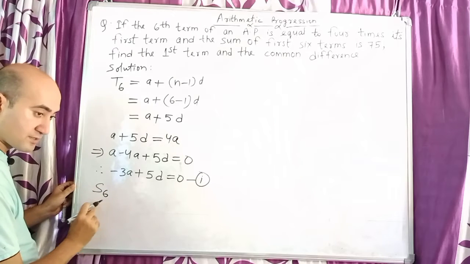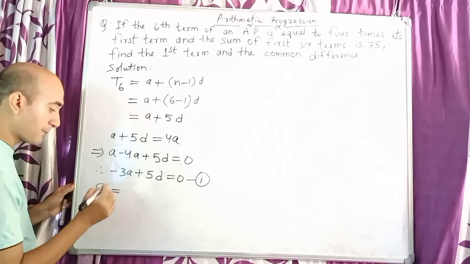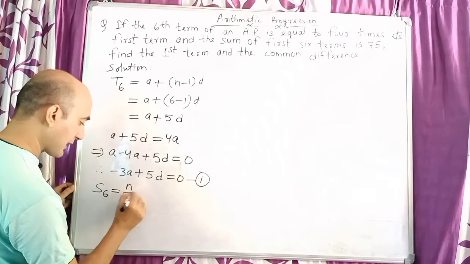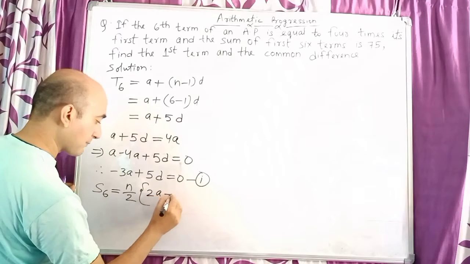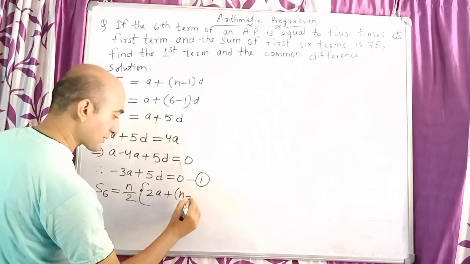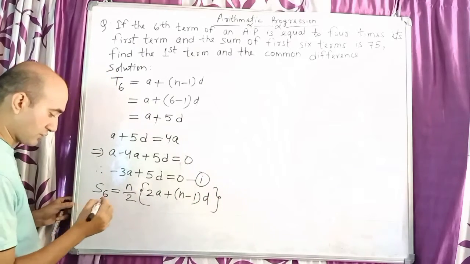Sum of 6 terms, that is S6. The formula of sum is n by 2, second bracket opens here, 2A plus first bracket n minus 1 into D, second bracket is closed.